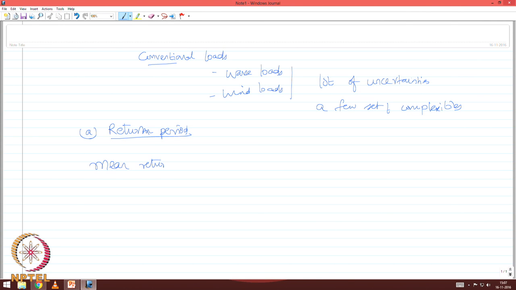Mean return period is generally used to estimate load effects on offshore platforms.